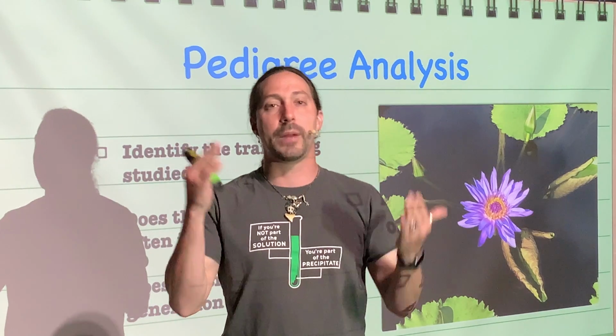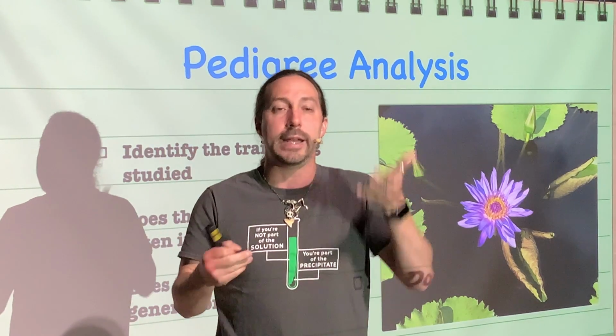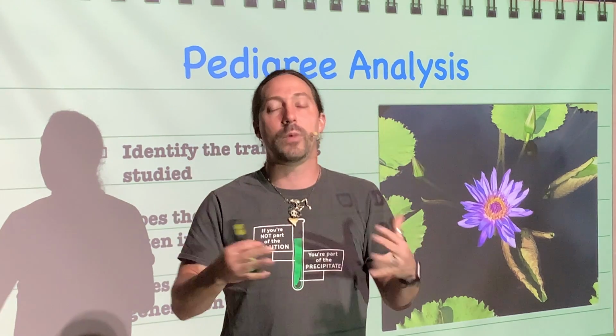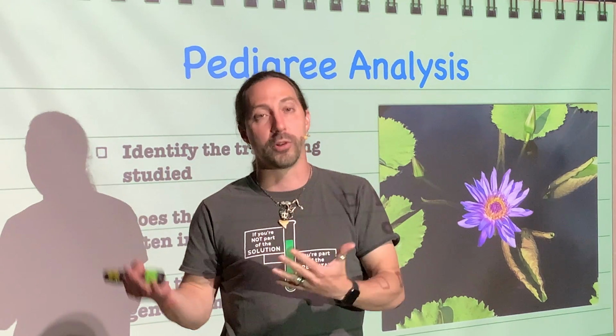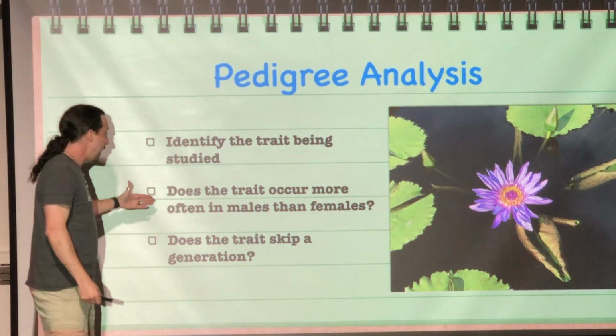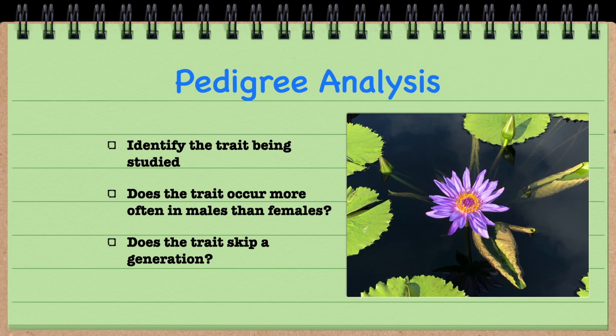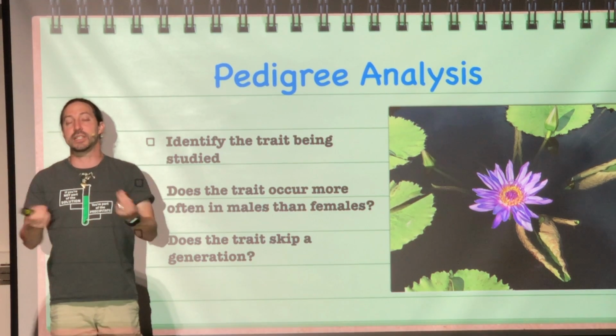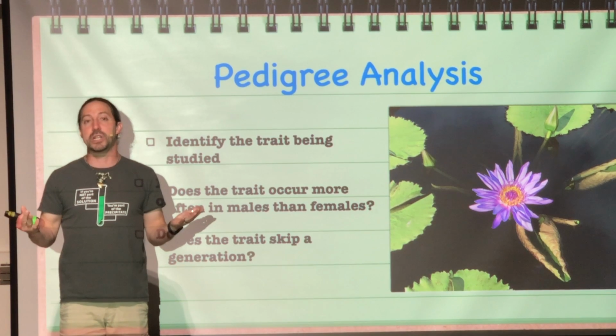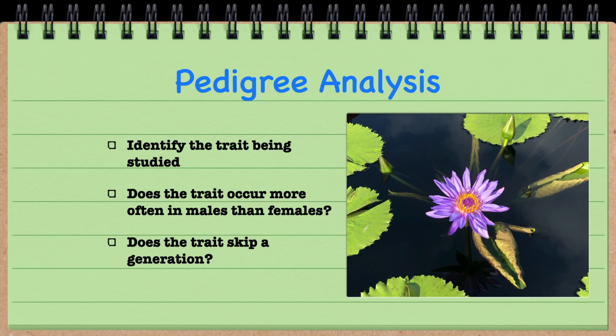If it occurs in about equal proportions between male and female, then we would think that it is an autosomal trait. And then, does this trait end up skipping a generation? If the trait skips a generation, that means it must be a recessive trait. If it doesn't skip a generation, then it's probably a dominant trait, but not necessarily. It depends on how much information we have.